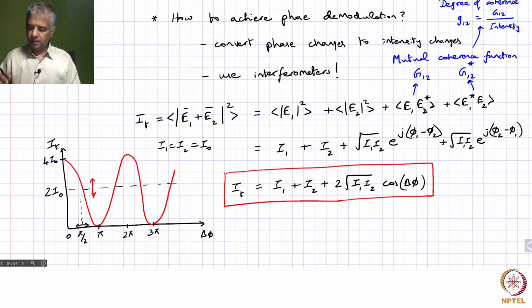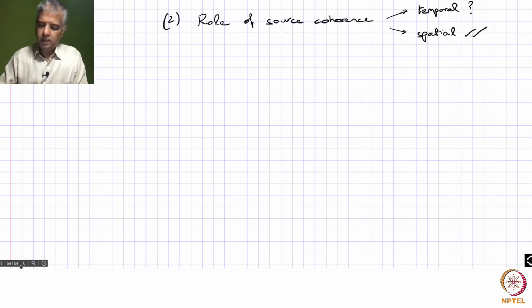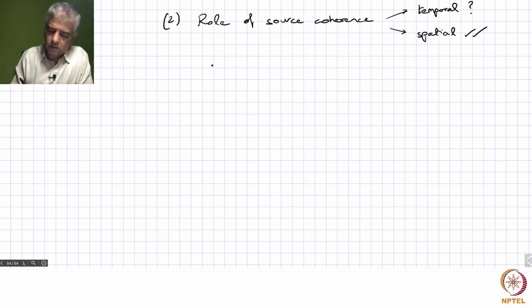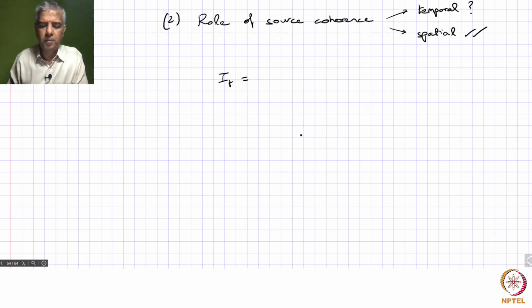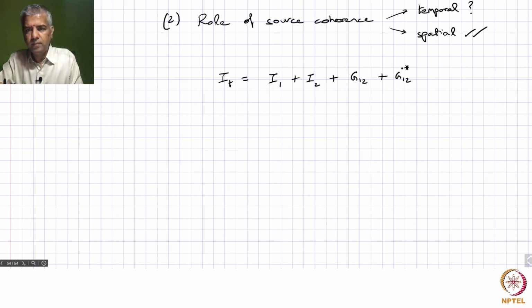So coming back to this, when you want to account for the role of coherence, you need to write this expression. The total intensity of the interferometer is going to be given by I1 plus I2 plus G12 plus G12 conjugate, right, where G12 corresponds to the mutual coherence function.